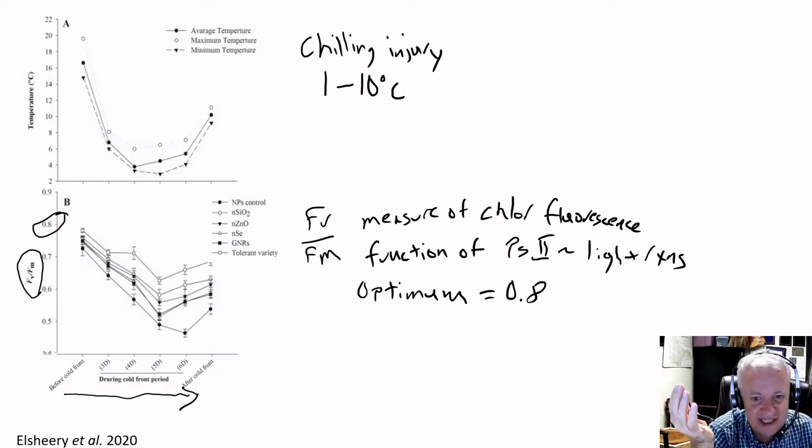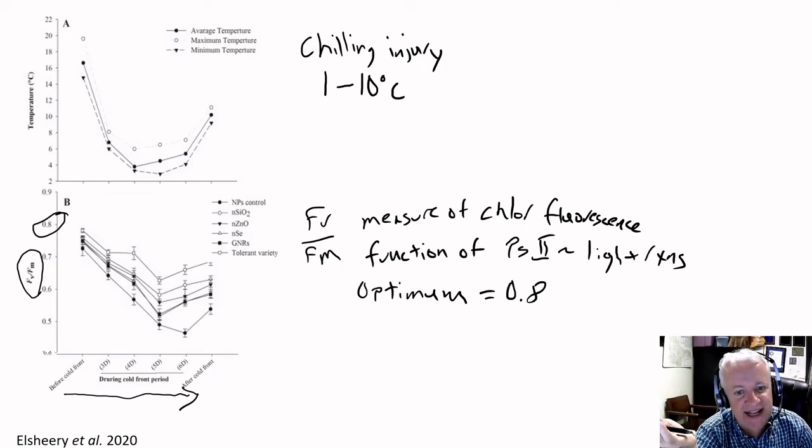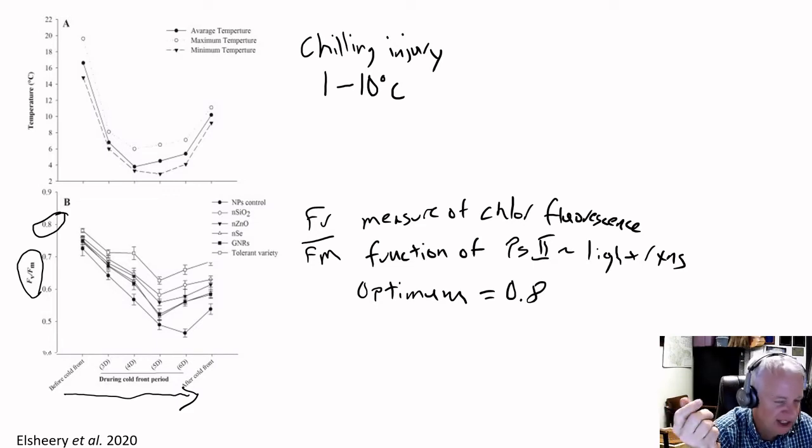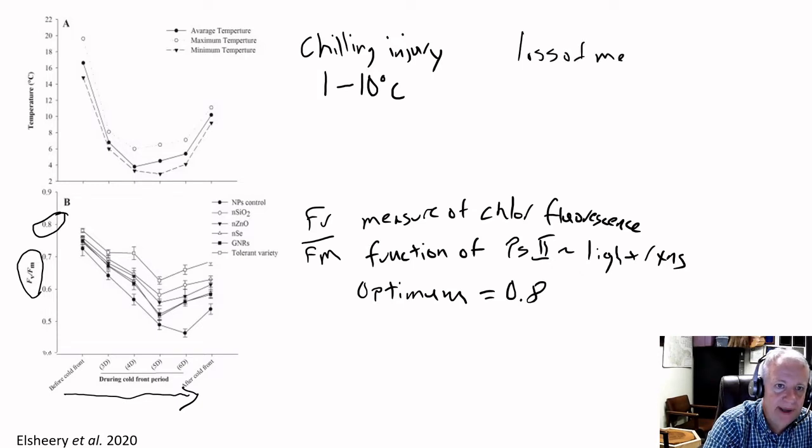So what we see is that chilling injury basically is some effects on membranes that occur in plants that are adapted to warm temperatures. So we see things like loss of membrane fluidity. I'm sorry for my handwriting here.